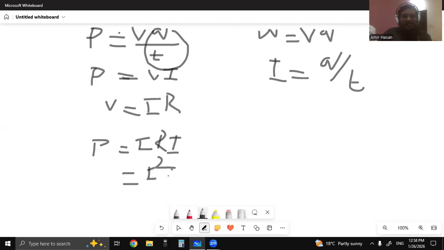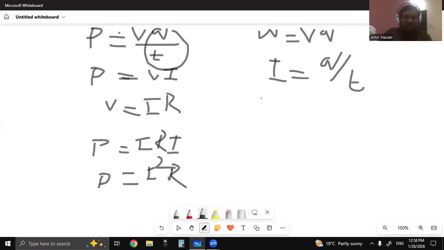Now, this is the second power equation. Many power equations we can form with the help of the current formula and Ohm's law, of which the first is P equal to VI, and the second is P equal to I square R. This is also known as the power dissipation.